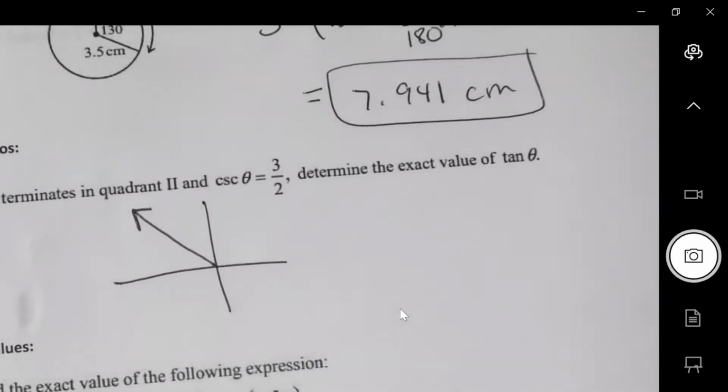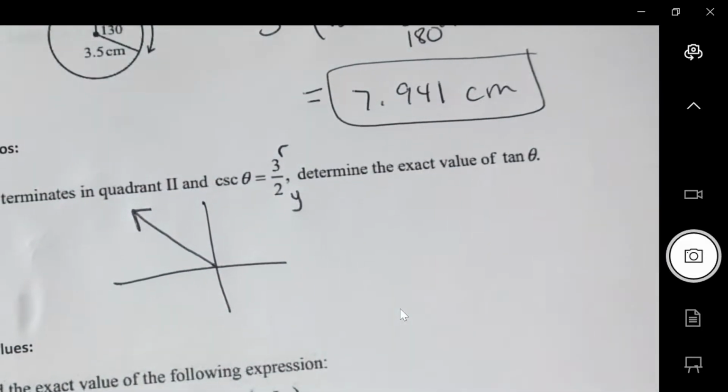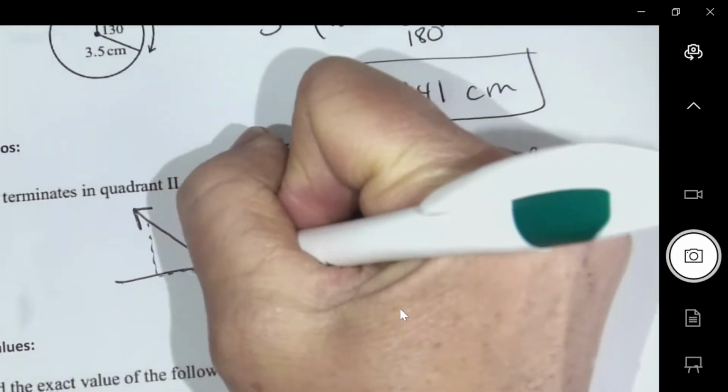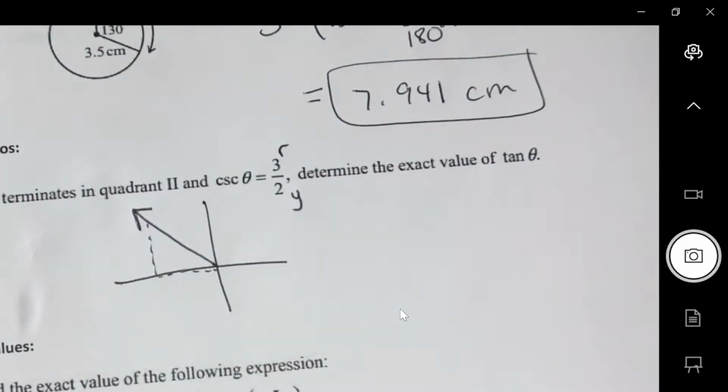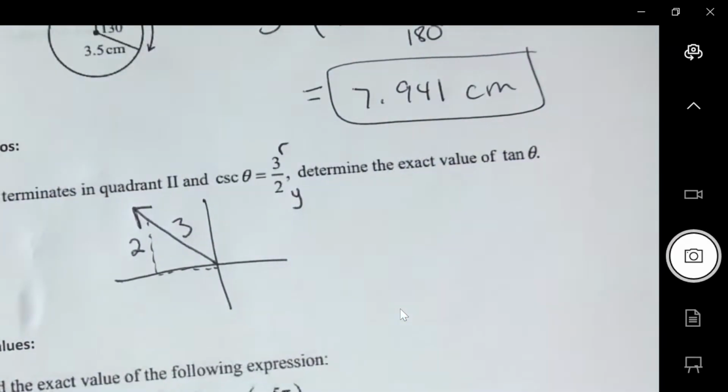Cosecant is an R over a Y. So I'm nice enough that I'll give you that on your exam. Can you put those two numbers on that triangle somewhere then? So this would be the 3, and this would be a 2.